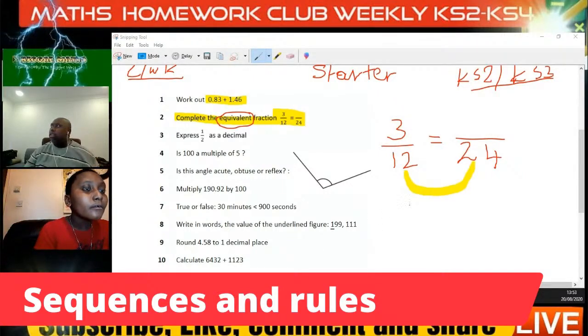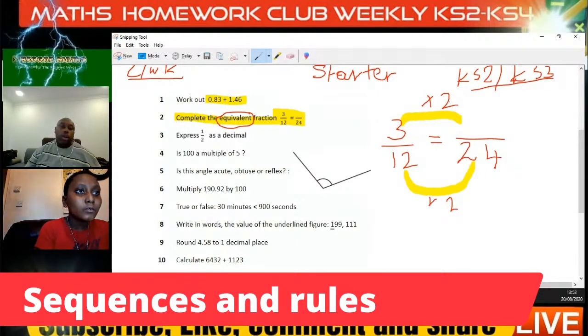So if I times this by 2, I need to do the same thing to the top. I need to times that by 2 also. So 2 times 3 is what? 6. So now I can say 3 over 12 is equivalent to 6 over 24.